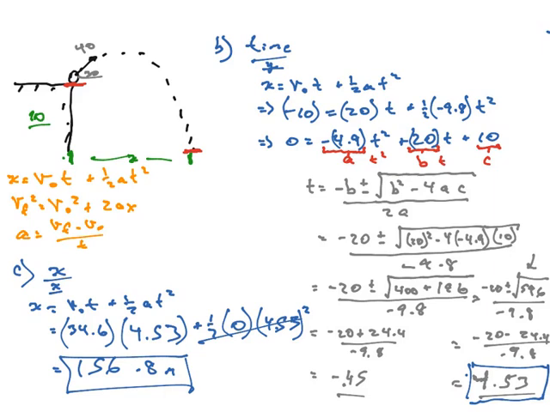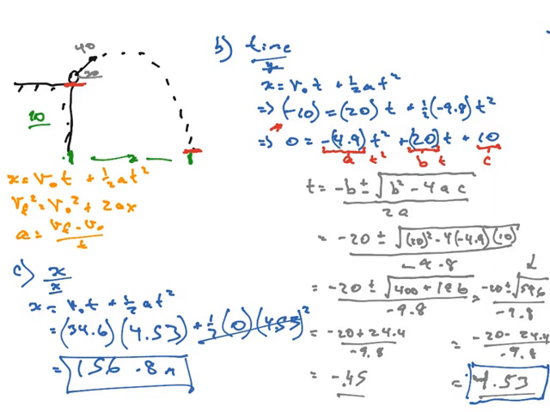So the total change in the y distance was 0. So that made this -10 here be a 0. And once that was a 0, we didn't have a quadratic equation anymore. So for the other example, it was easy to get the answer for time.